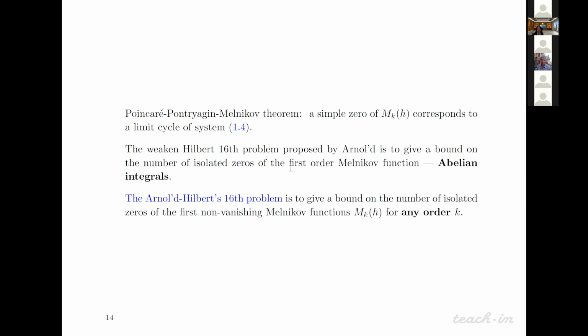For any k, you can give a bound on the number of isolated zeros of this kind of Melnikov function, M_k of h. So my talk will answer this problem for a special Hamiltonian function.